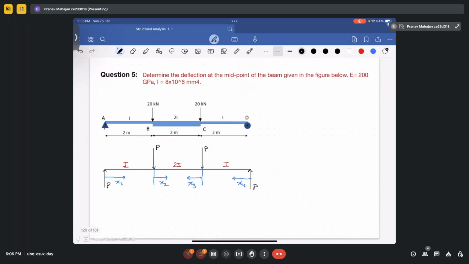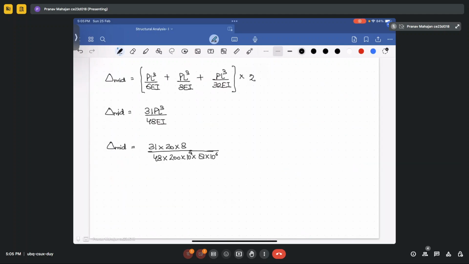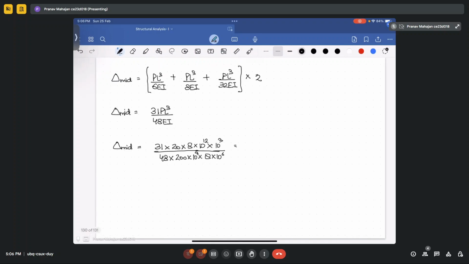I think 6 is given, no? 6 into 10 power 12 into 10 power 3. It will become 64.6 mm.